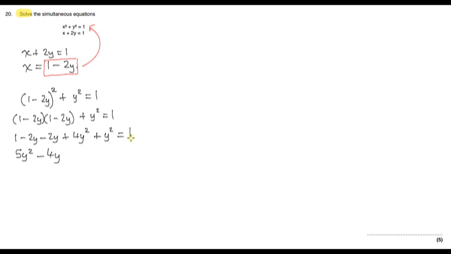To do that, I need to get rid of this 1. So if I subtract 1 from both sides, I've got 1 minus 1, so that's going to be 0. If we think about our constant terms, we've just got 1 over here and 1 over there. Or another way you can think about it is those two just cancel.